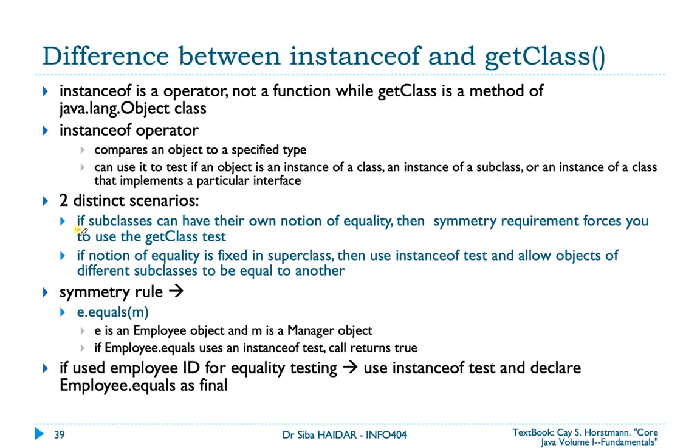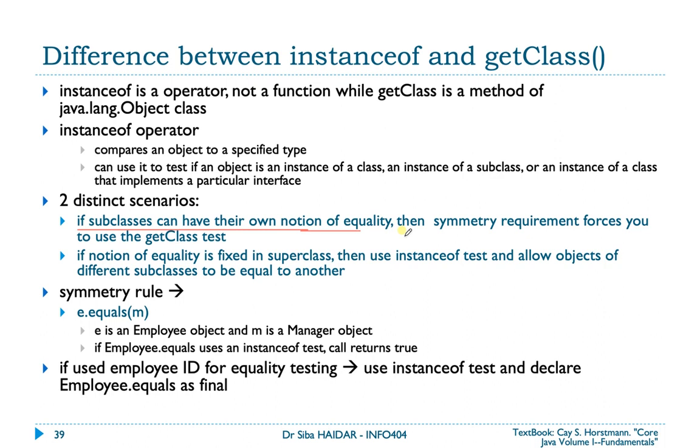If subclasses can have their own notion of equality, for example, a manager to be equal to a manager, this is special for managers and not like employees. For example, you have to compare bonuses. Then they have to have the field bonus.